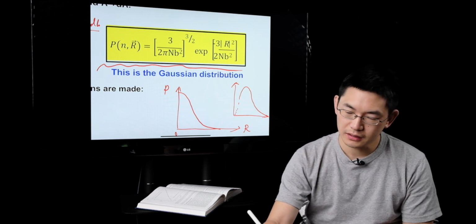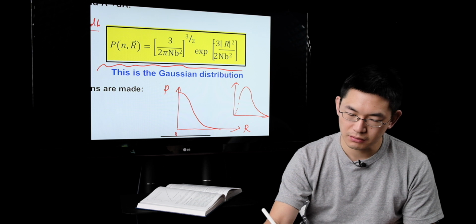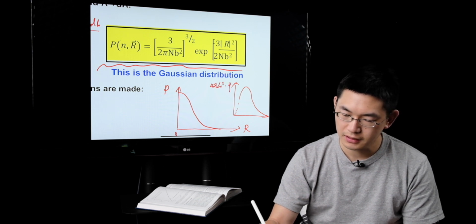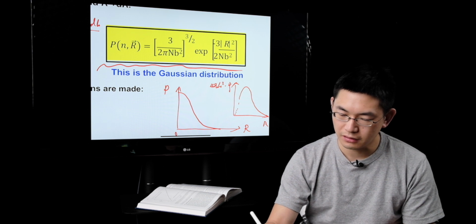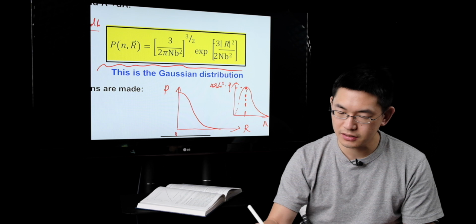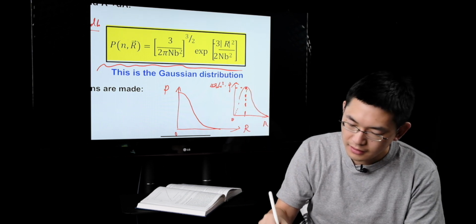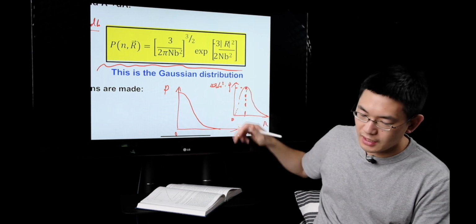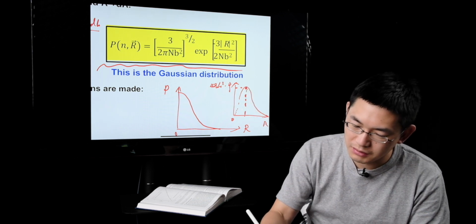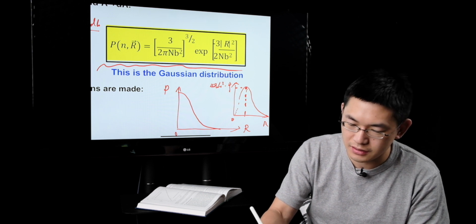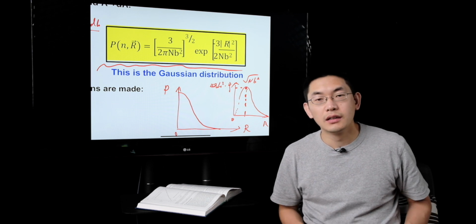This will be a new distribution function that will be equal to 4 pi h squared multiplied by p, as a function of r. And now you can see that the highest chance of finding the chain is no longer at the 0 position. Specifically, the highest chance would be exactly at the end-to-end distance, the square root of n b squared.